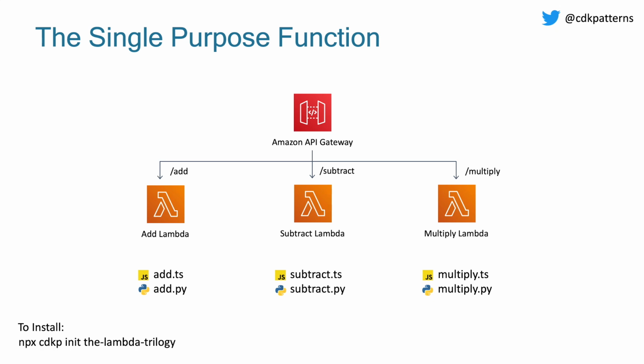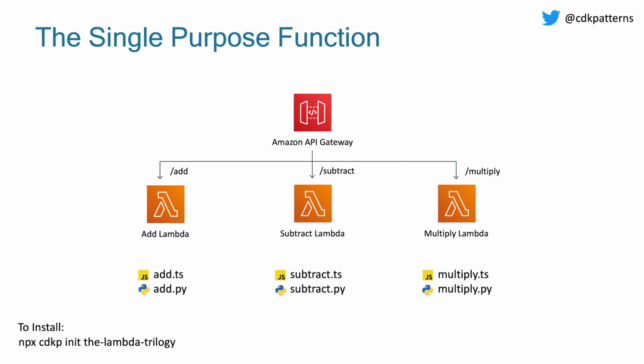And each of those Lambda functions would have their own code base. So inside add.ts or py, you would have the logic that takes those two numbers and adds them together, whilst inside subtract.ts, you would have the logic that takes those two numbers and subtracts them, and inside multiply.ts, you'd have the logic that takes those two numbers and multiplies them together.